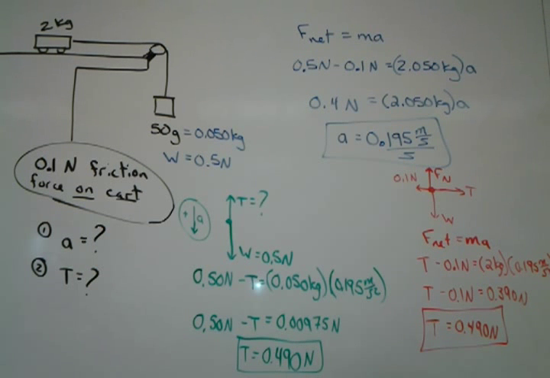So on the right hand side in red, there's a 0.1 Newton friction force, as mentioned before, acting backward on the cart, and a tension force acting forward on the cart. Filling in, net force is mass times acceleration, with the acceleration direction being positive. Tension minus 0.1 newtons is equal to 2 kilograms times the acceleration we found in blue in the first part. And the tension turns out to be exactly the same thing.